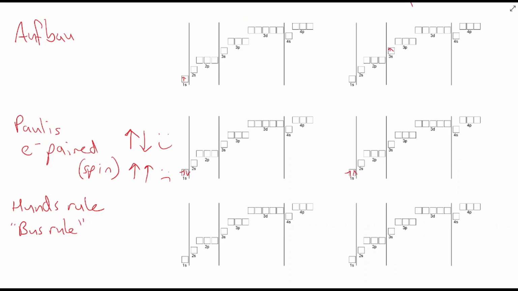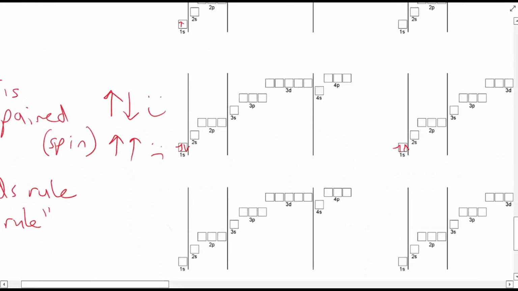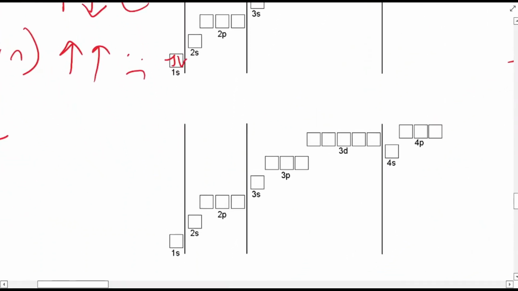Okay, and electrons are the same. If we are going to fill the P block, for example, so let's say we're here, we've got a pair of electrons there, I've got a pair of electrons there, I fill these ones, the Aufbau principle, and I pair them, up, down, spin.